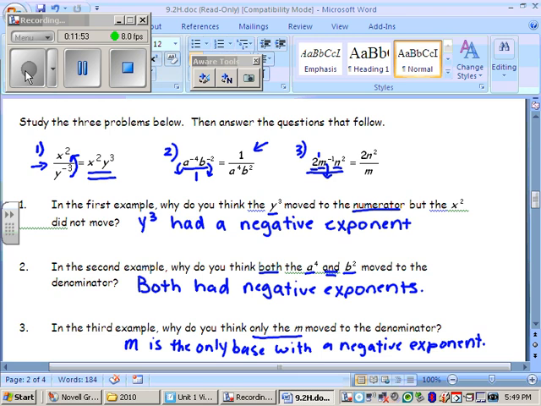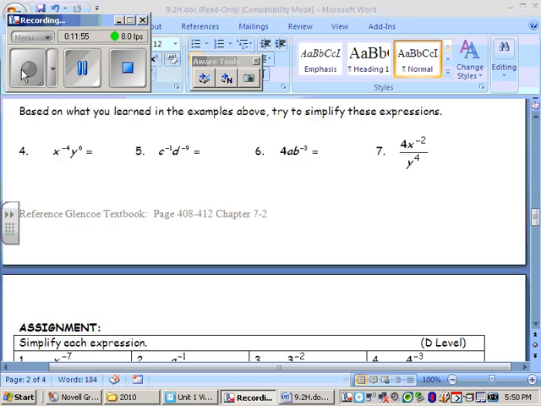So let's take a look at some final examples. In number 4, it says x to the -4th power, y to the 6th. To simplify this, we simply want to make the exponents that are negative positive. So if you look at number 4, the x has a negative exponent, but the y has a positive exponent.